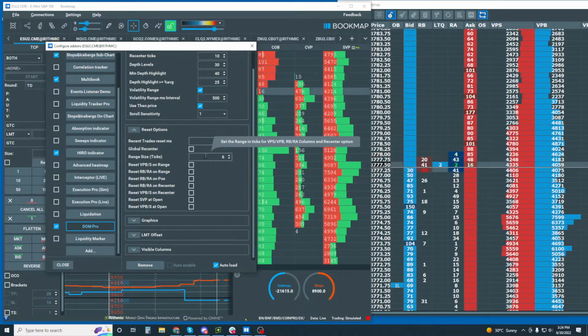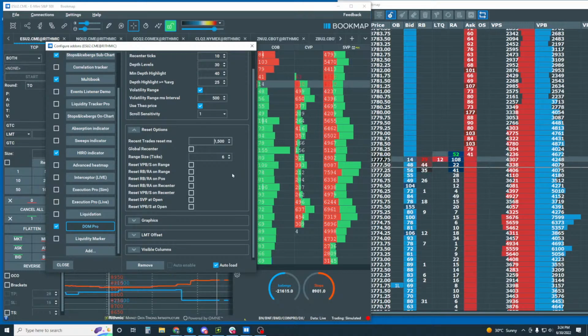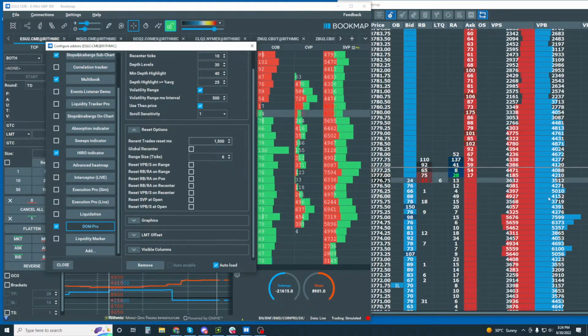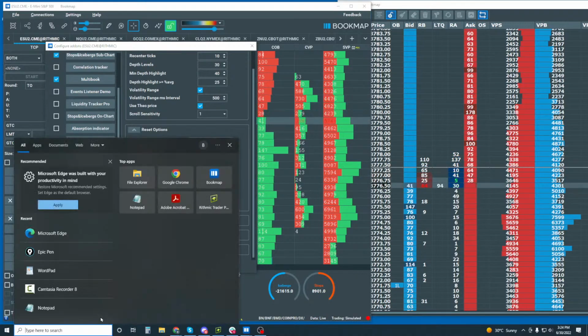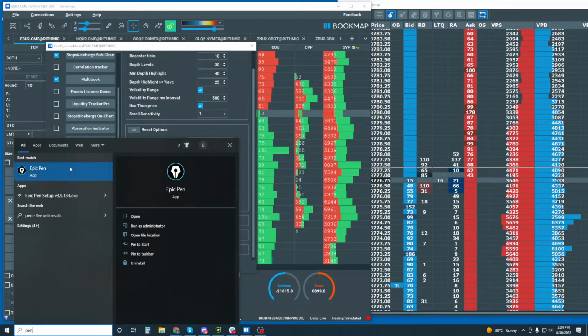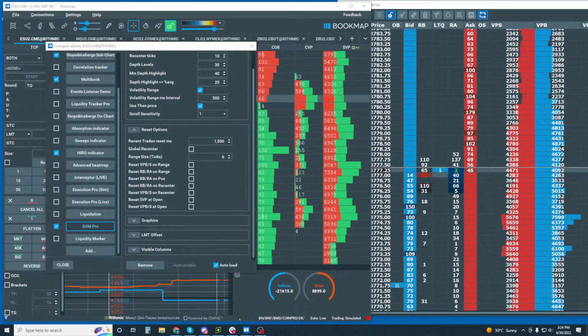Okay, there you go. So the recent bid trades and recent ask trades right here: if the market moves away from them and stays away for at least 1.5 seconds, when it trades back at that price, they will be reset. If it trades back to that price within 1.5 seconds, it will aggregate the volume.